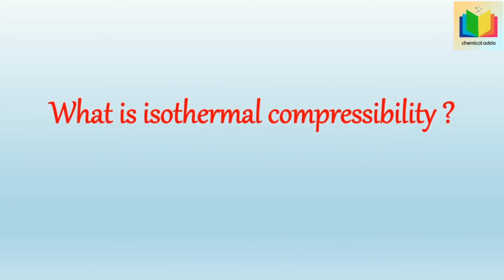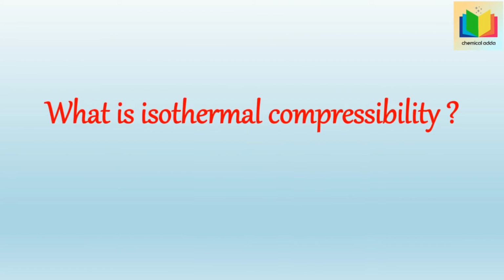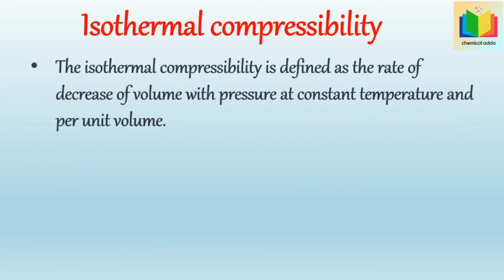Now, what is isothermal compressibility? So, the isothermal compressibility is defined as the rate of decrease of volume with pressure at constant temperature and per unit volume. It is denoted by kappa.